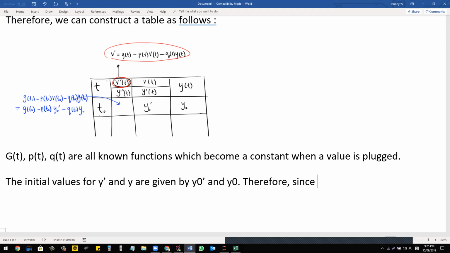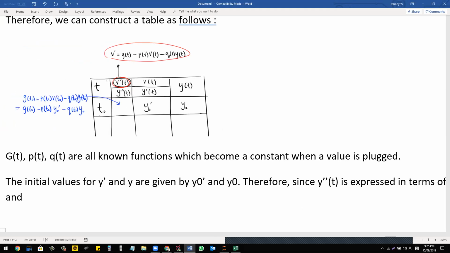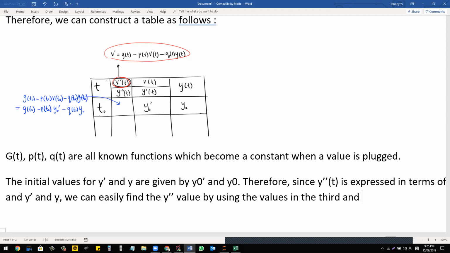Therefore, since y double dash of t is expressed in terms of t, y dash and y, we can easily find the y double dash value by using the values in the third and fourth column, like this.